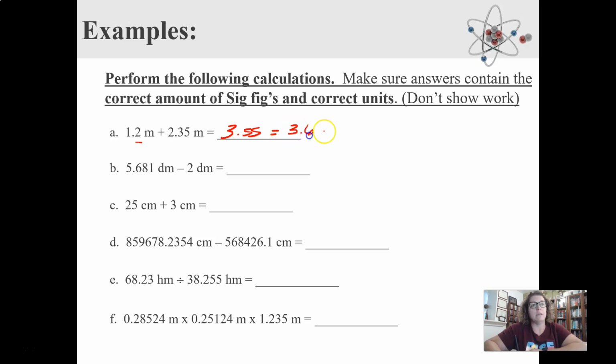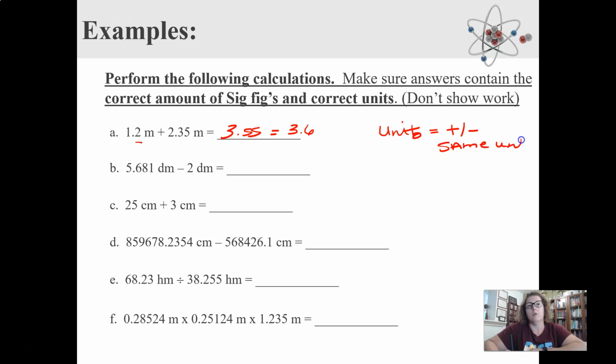Now some students get iffy with that number 5. It doesn't matter. The last digit is an estimated digit. That's fine. 5, 6, either one is fine. Okay? Now, let's talk about units real quick. That little m, that's meters. And any time you add or subtract, the units have to be the same.